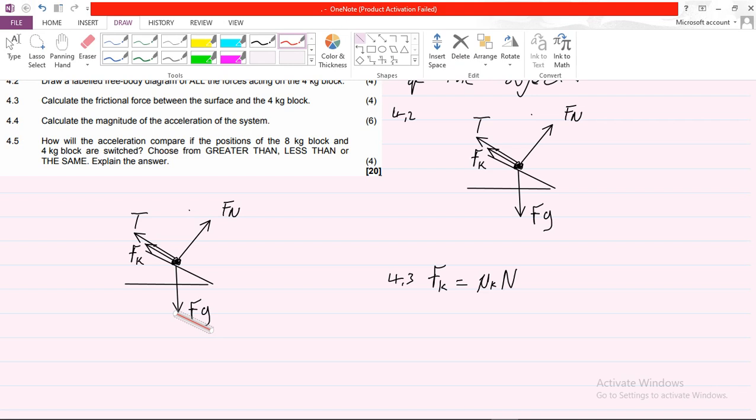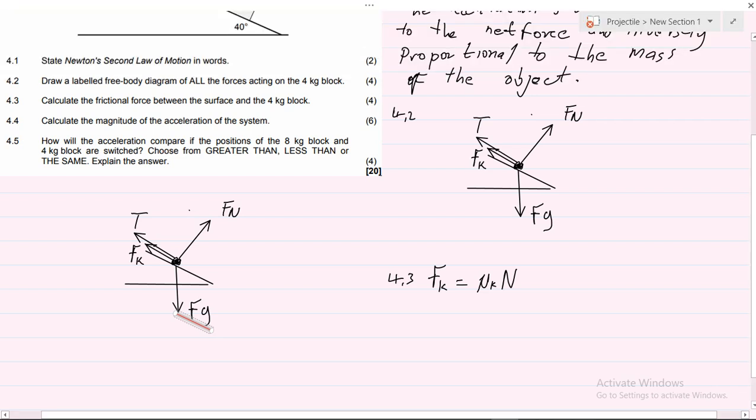To the surface the block rests on. So this is Fg parallel, this is Fg perpendicular.